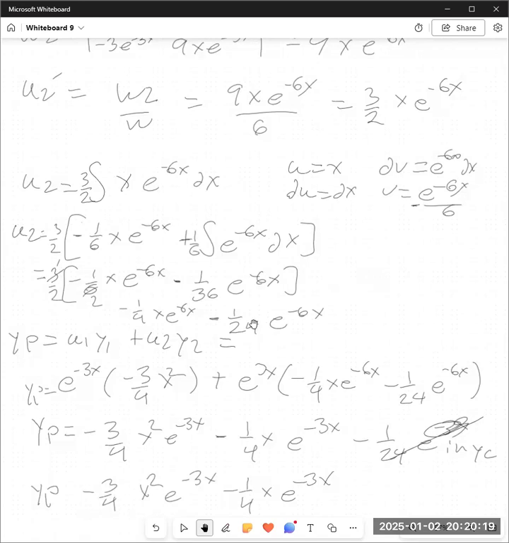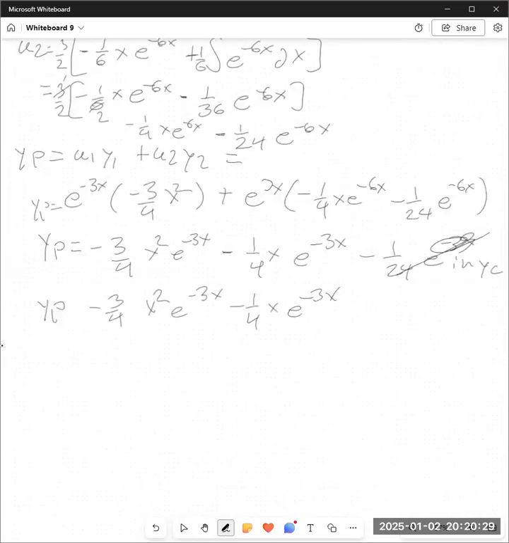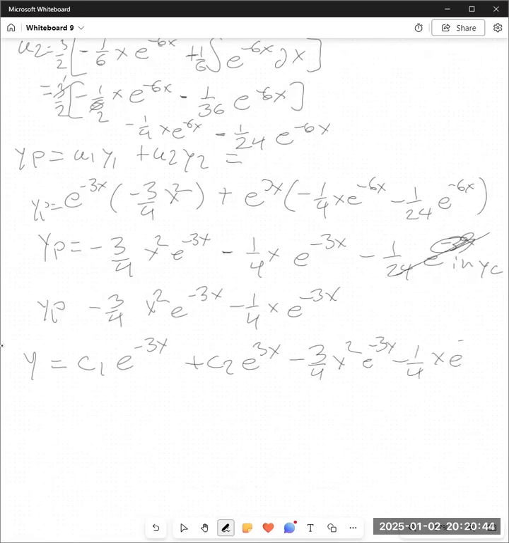So that looks good. All right. So y equals c1 e to the negative 3x plus c2 e to the 3x minus 3/4 x squared e to the negative 3x minus 1/4 x e to the negative 3x. Right?